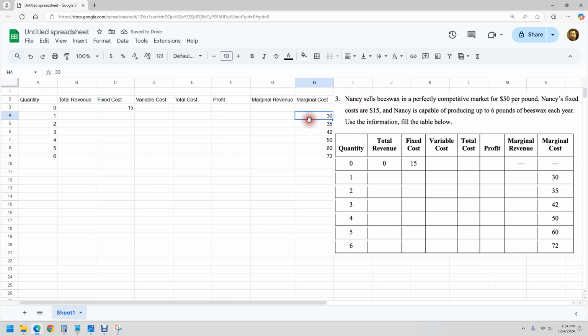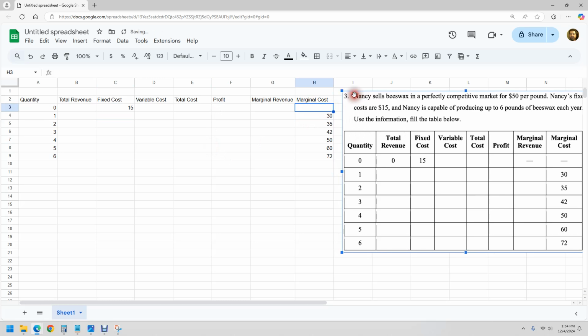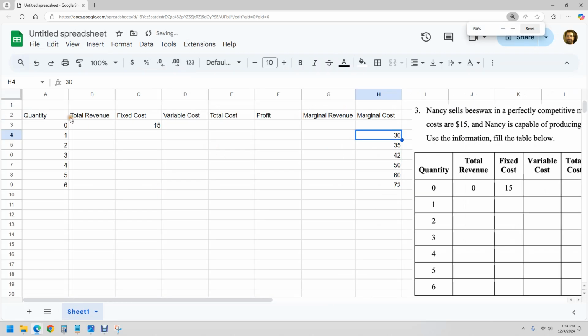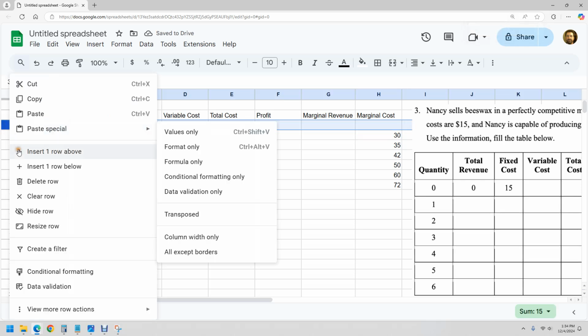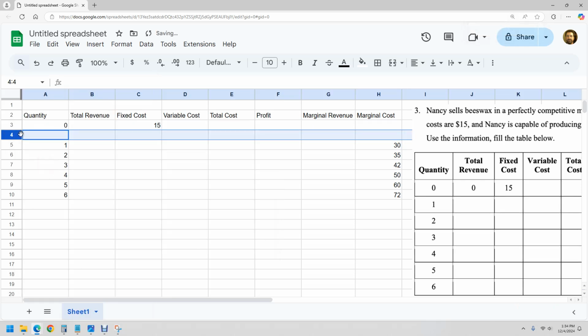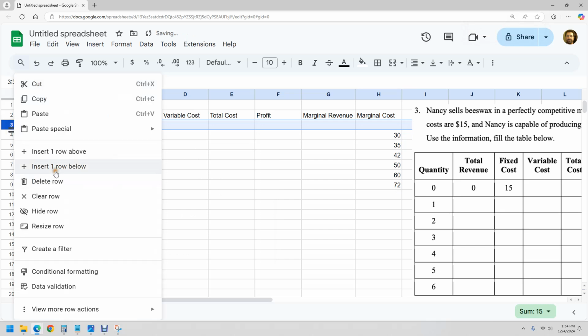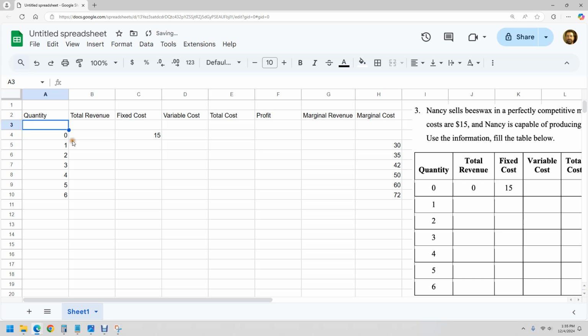Now I'm going to make this a little bit more like what we might see in an economics scenario. So I'm going to insert a row above. And instead of all those, I'm going to put it how we usually put it. That'll be Q. This will be TR. This will be FC.